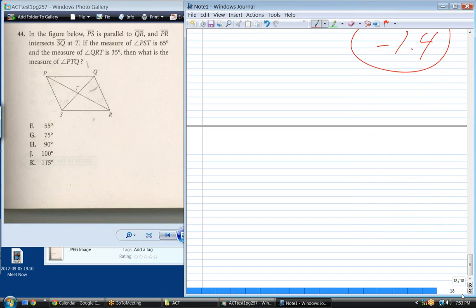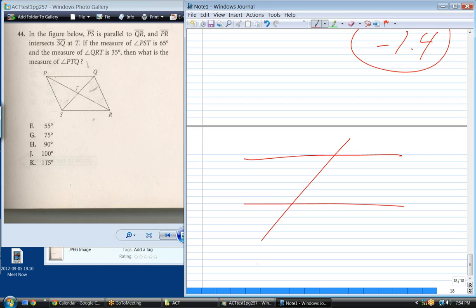Okay. Let's talk about parallel lines and transversals before we look at this next problem, because ACT has a lot of questions on it that have to do with parallel lines and a transversal.